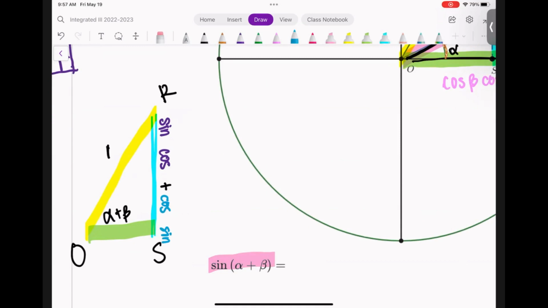And the way it goes is alpha, beta, alpha, beta. Okay. So then I'm going to write it over here.